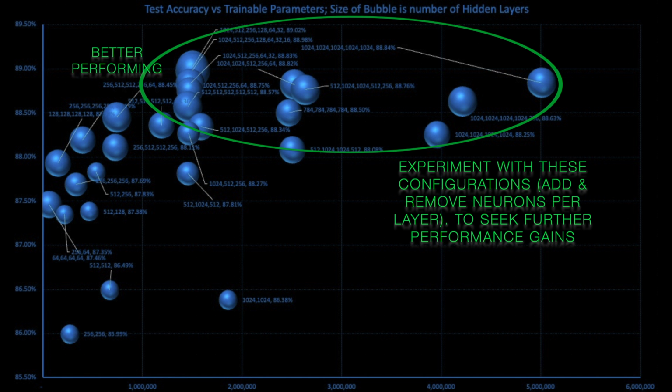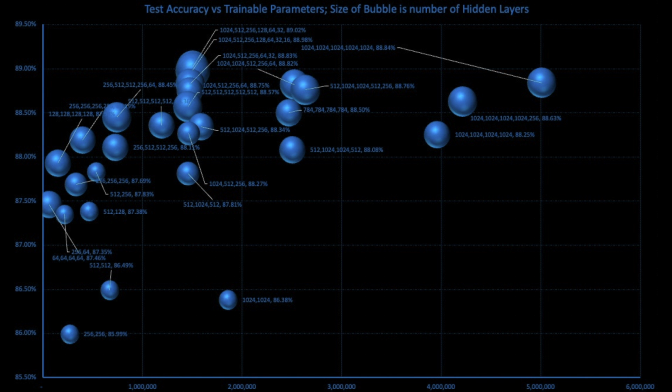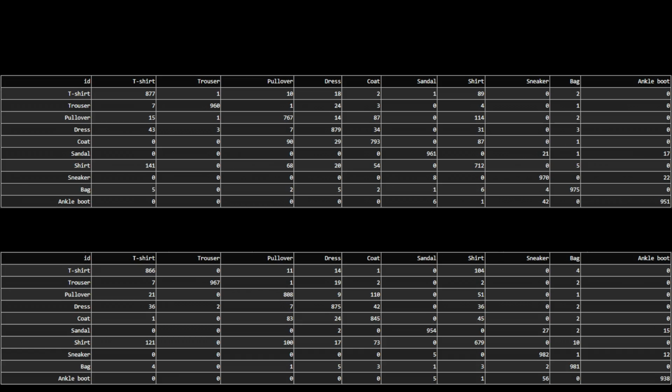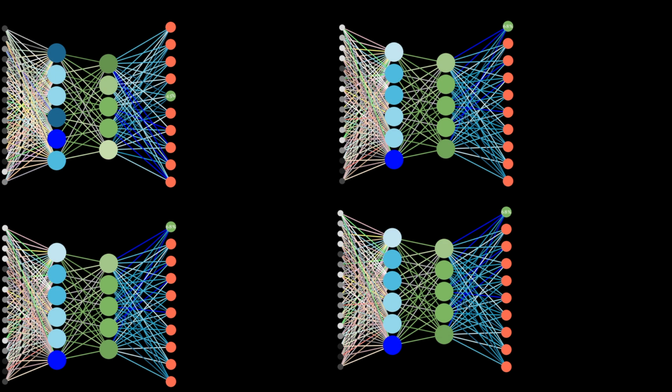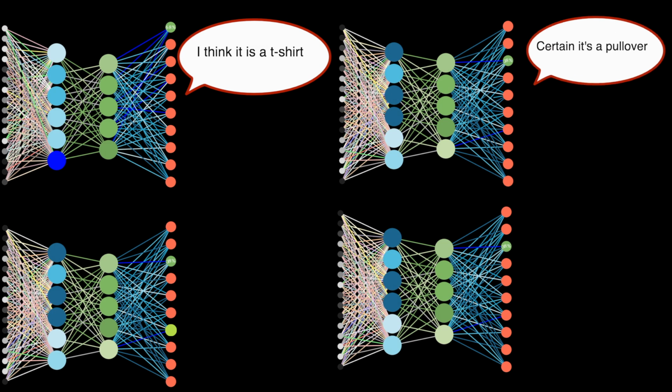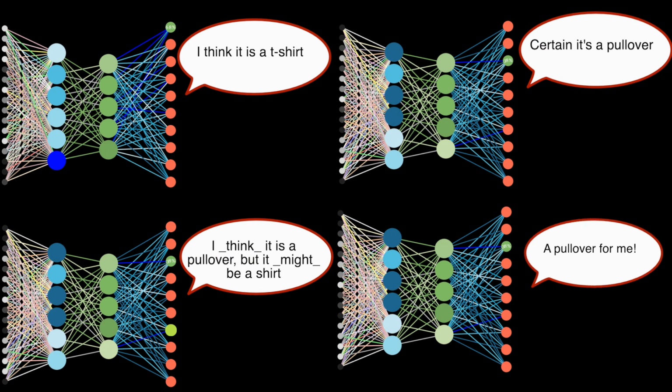More interesting still, we can use our confusion matrix for each network. When we take a look at this, we'll see that some networks are strong where others are weak. This raises the interesting possibility of combining the results from multiple trained networks to further improve our accuracy. These combinations of AI solutions are called ensembles.